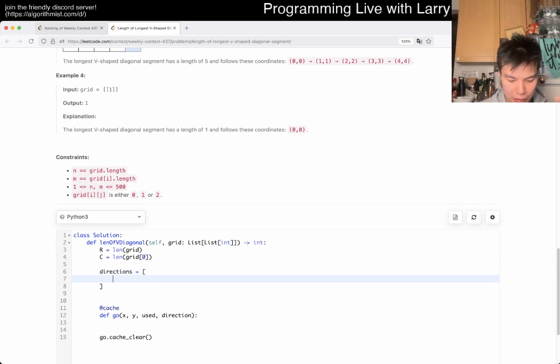So here, let's go 1, 1, and then counterclockwise would be -1, and then no, and then 2, which is -1. Nope. -1, -1, and then okay.